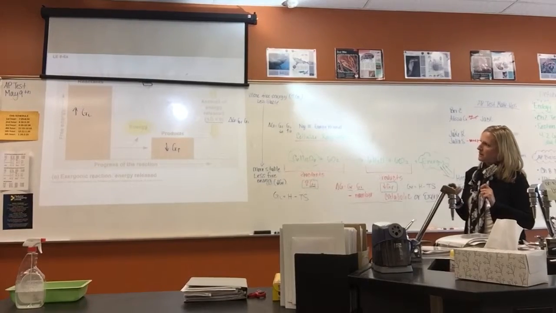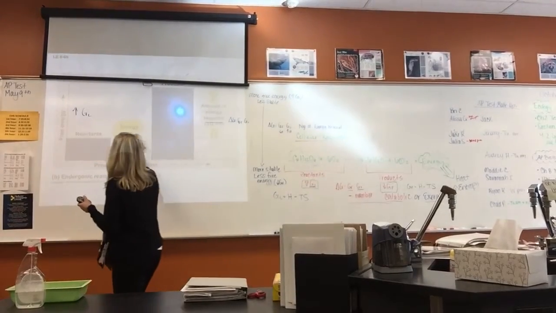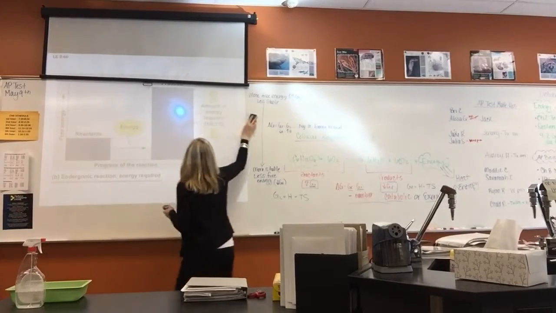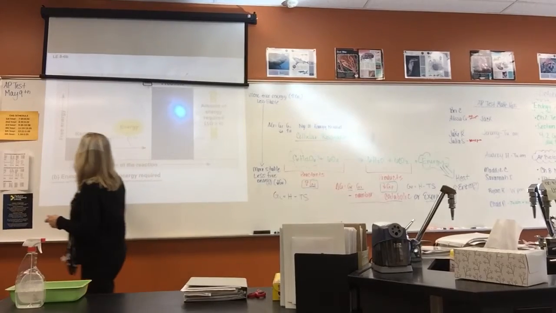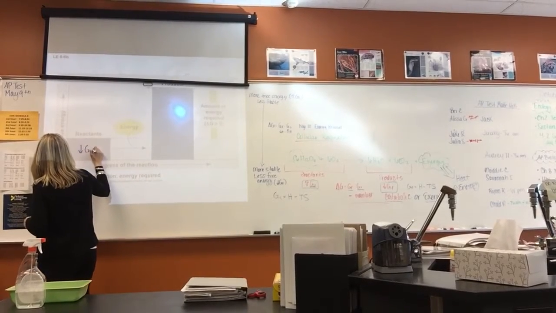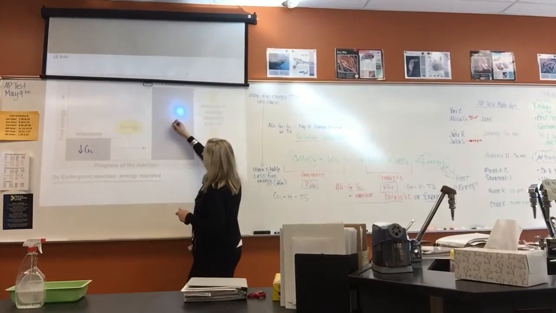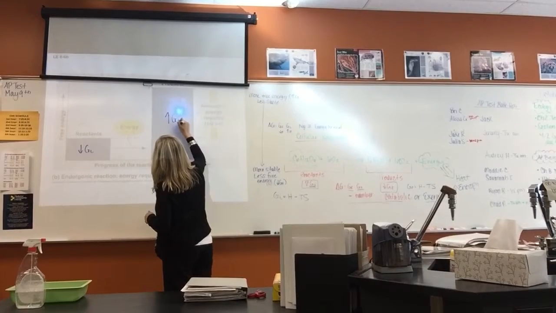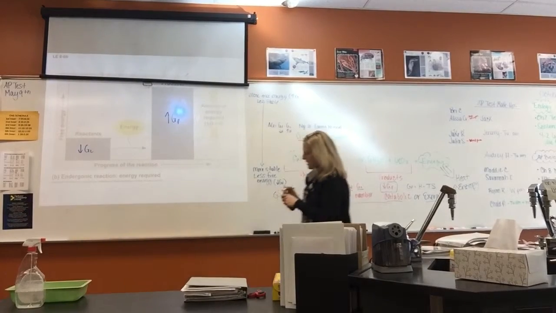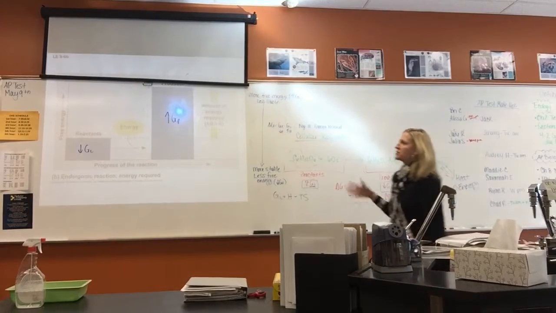All right, absolutely. And then we look at the next reaction, and this is endergonic, so it's just the opposite. Your reactants have a low free energy, so that's your G initial. Your products at the end go all the way up here, so you have a high free energy, that's your G final.